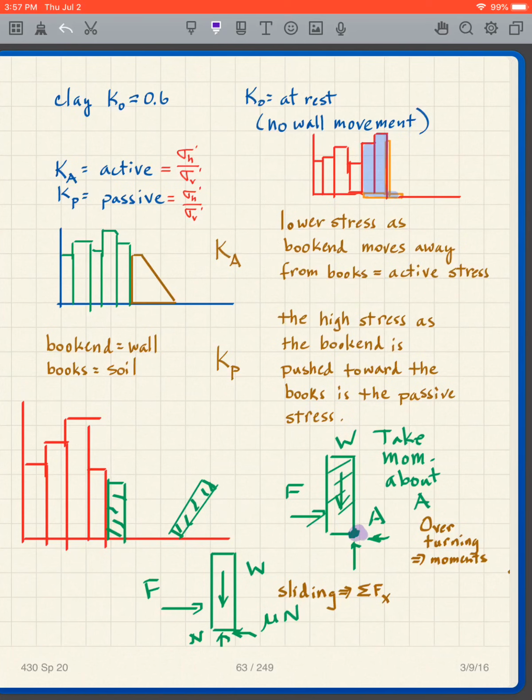Well, what's my moment arm? I need to have my counterclockwise moment be greater than my clockwise moment in order to make sure it doesn't overturn. And if I have a really narrow base, then my moment arm is really small.